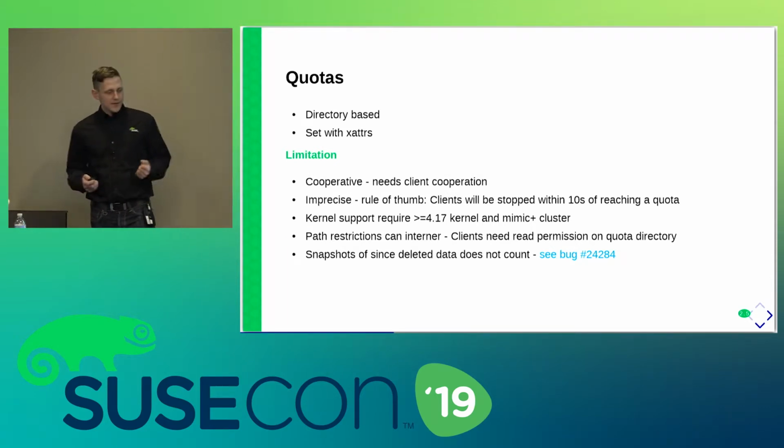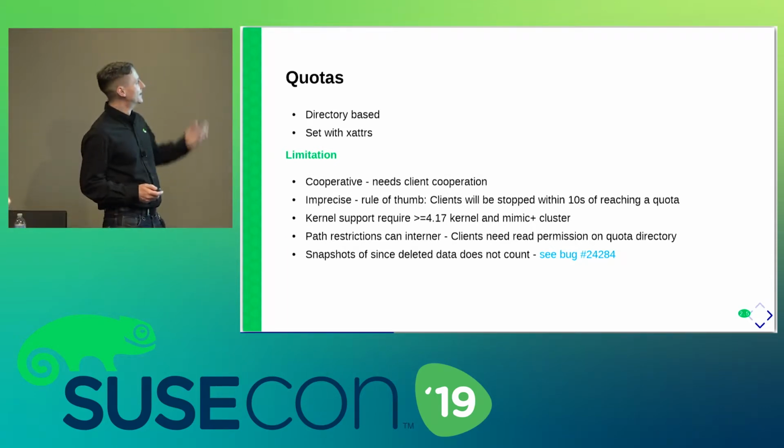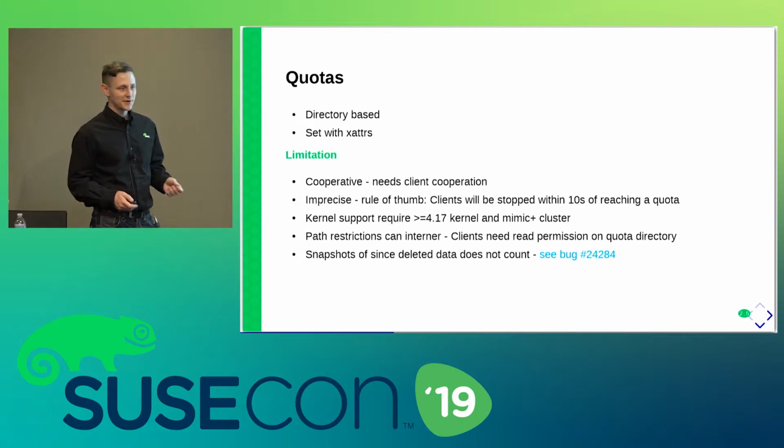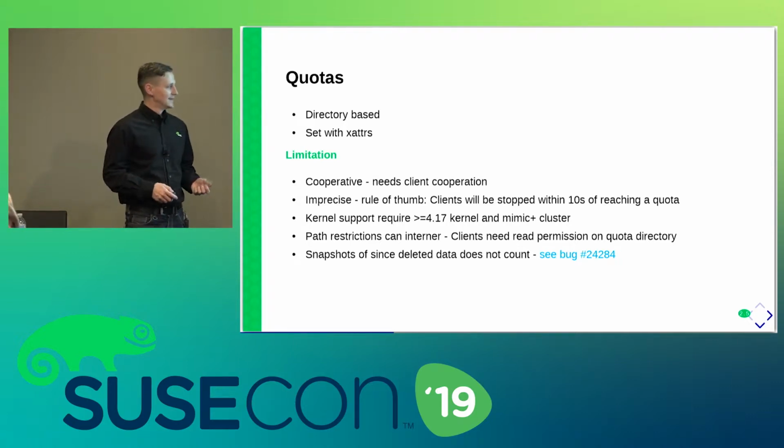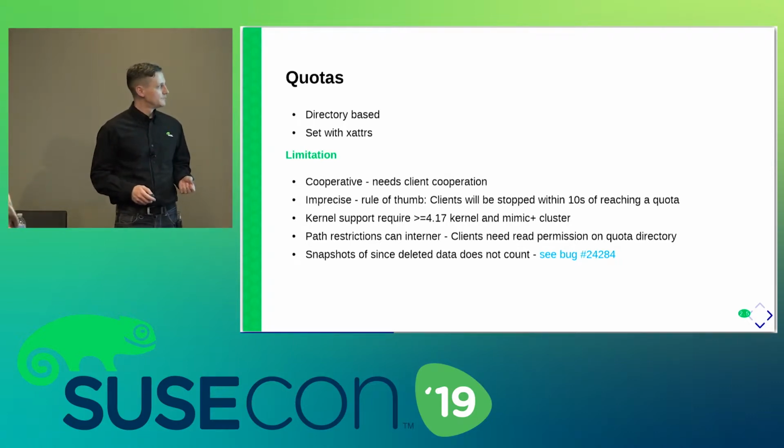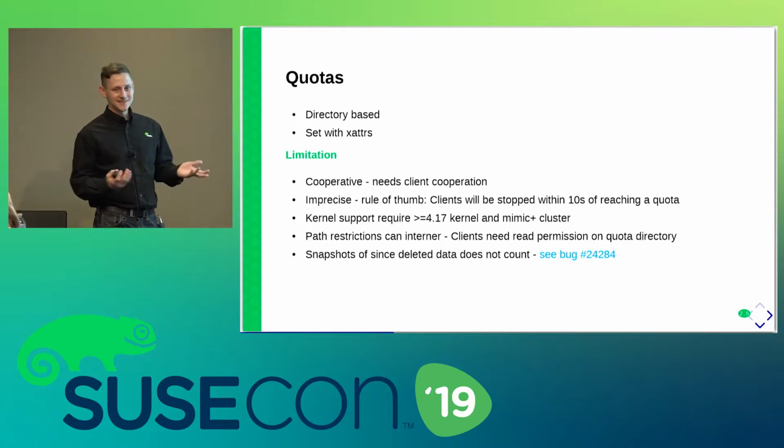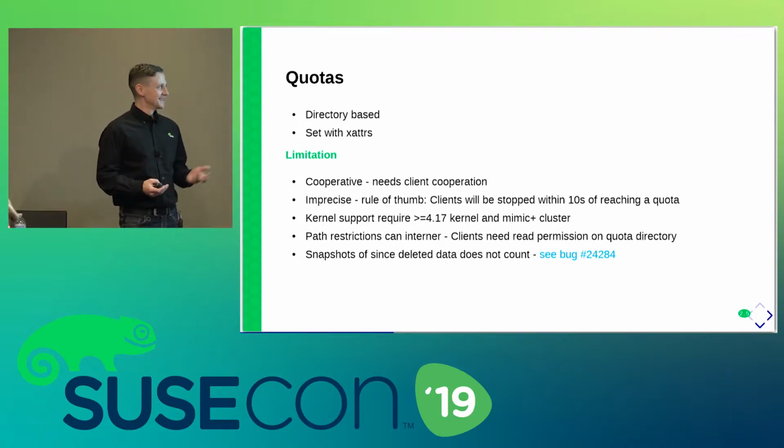Quotas. My quota slide was very short. They are directory based and they're configured with extended attributes. And then I needed some more things to say about quotas, and there are quite a few limitations. Quotas in a distributed system are very hard.